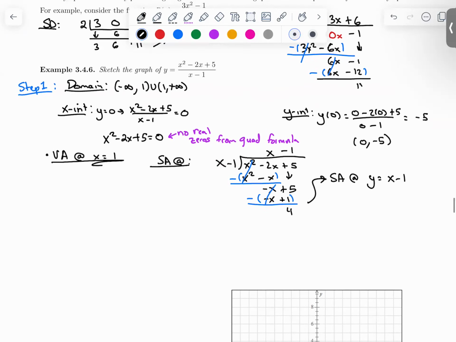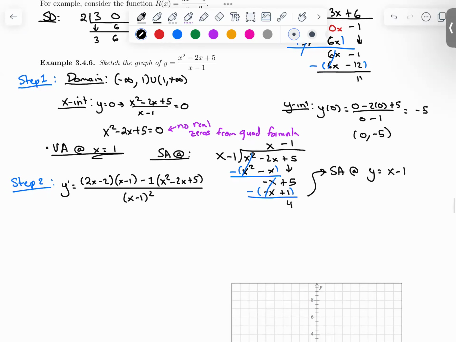Continuing onwards, we now have to find step two, which is increasing, decreasing. So y prime is going to equal, by the quotient rule, 2x minus 2 times x minus 1, minus 1 times x squared minus 2x plus 5, all divided by x minus 1 squared.